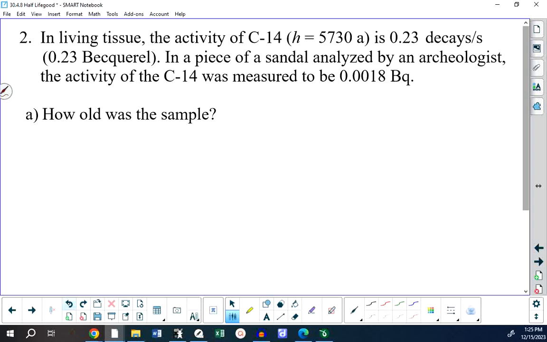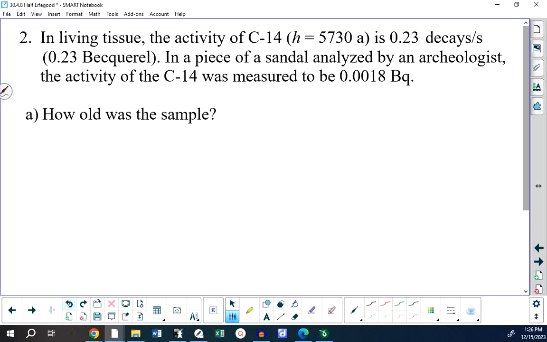And anytime I eat something, I ingest carbon. Some of that carbon is exhaled through carbon dioxide. Much of that carbon turns into muscle mass or other tissue, especially as you're growing. But I have radioactive carbon in me right now. And it's decaying. But because I'm continually eating and exchanging carbon with the atmosphere, the amount of carbon-14 in me, as long as I'm still breathing, stays the same.